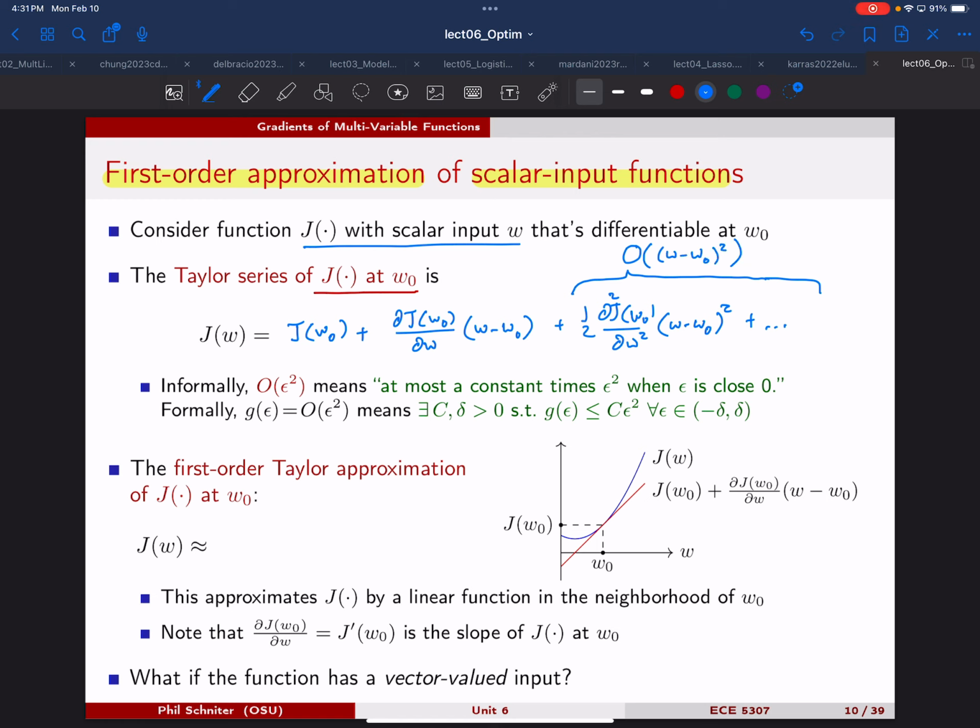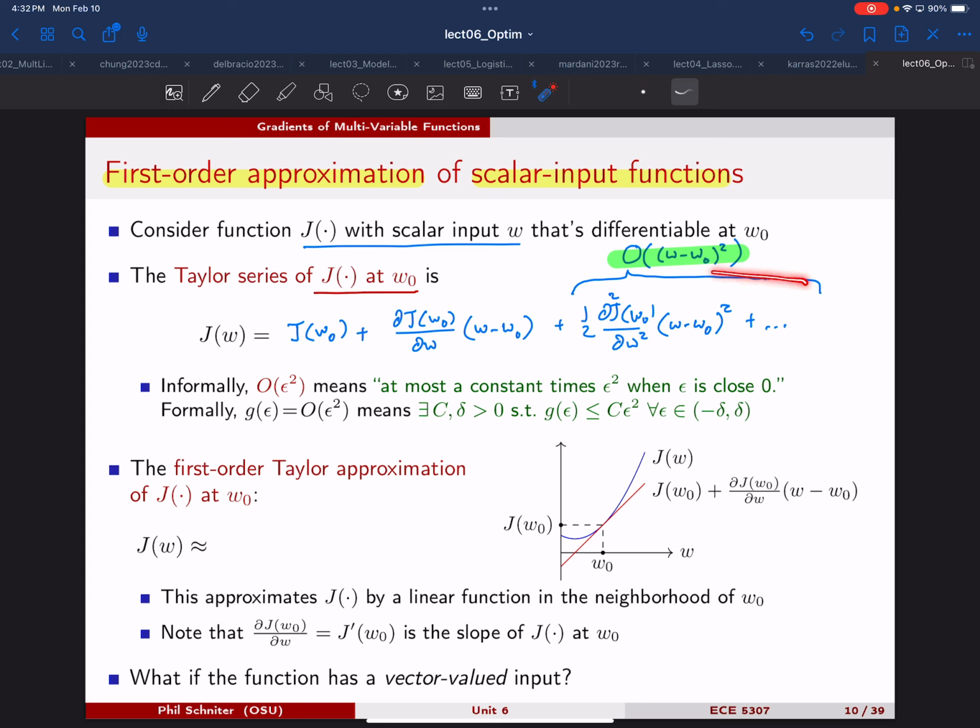Okay, so we've got to talk about what this big O stuff is. How many of you have heard of big O notation? Okay, glad that a few of you have. If you haven't, it's not a problem. The idea is that, informally, when you say big O of epsilon squared, where epsilon is intended to be a small number, it means that there's some upper bound that is at most a constant times epsilon squared.